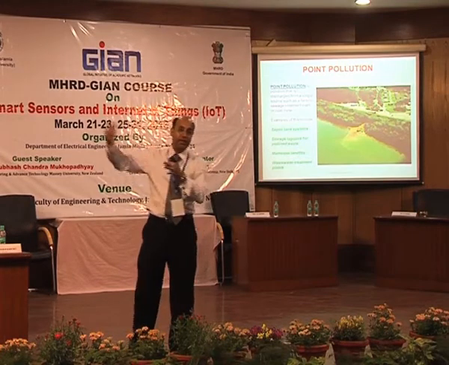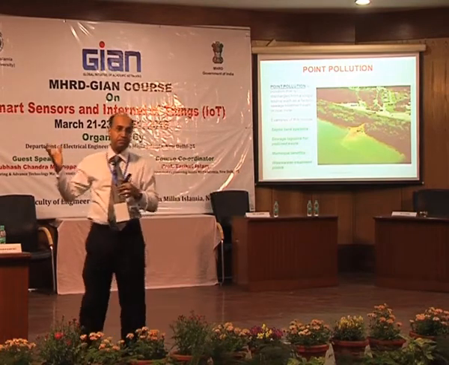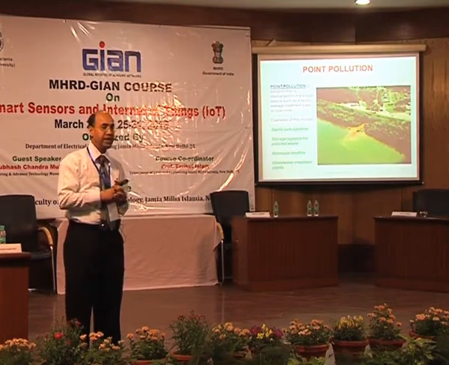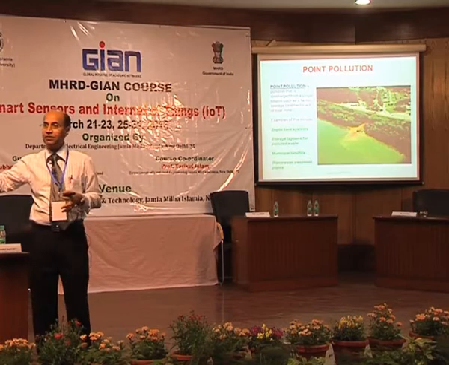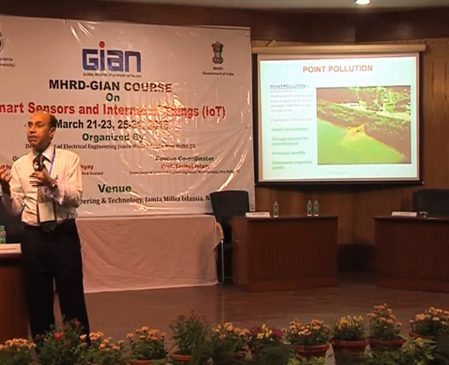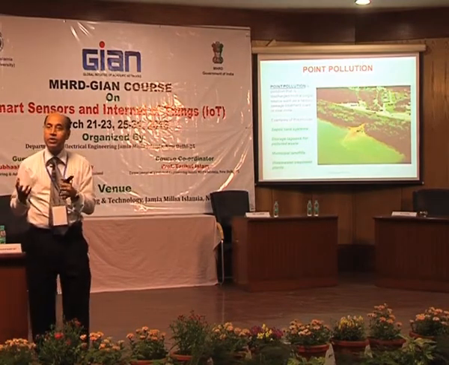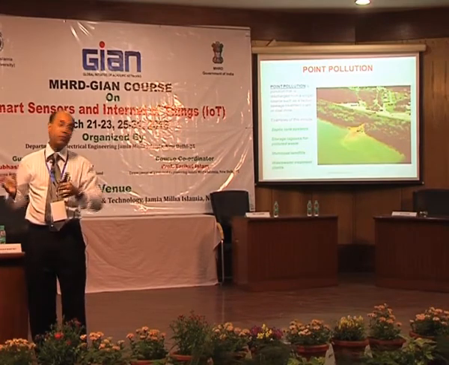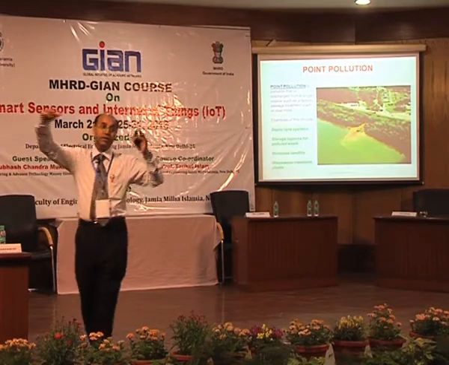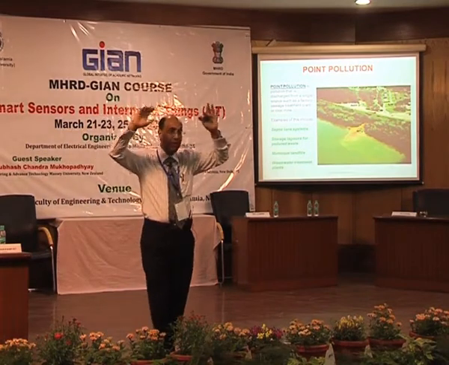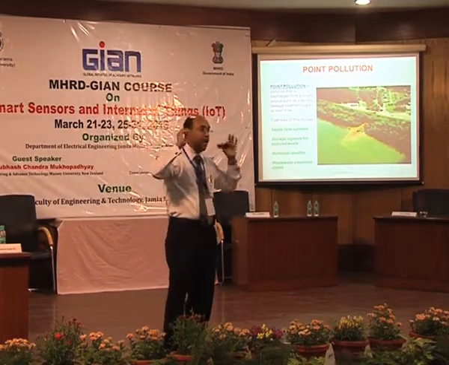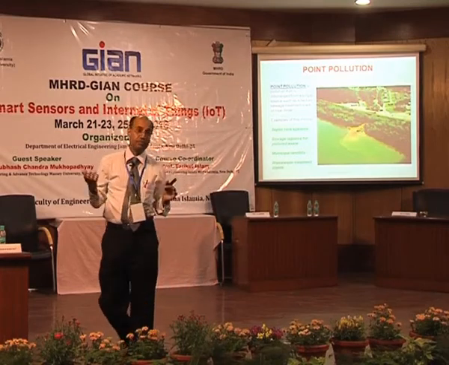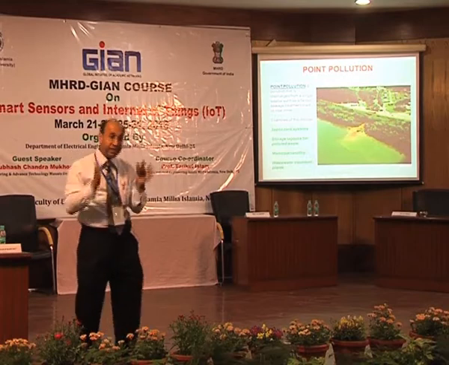For example, a company discharges a lot of things into water. You can install a sensor, find out what pollutants they are mixing, and take corrective actions. Of course, the government and those in power need to have the will to do things good for human beings, but it is possible.